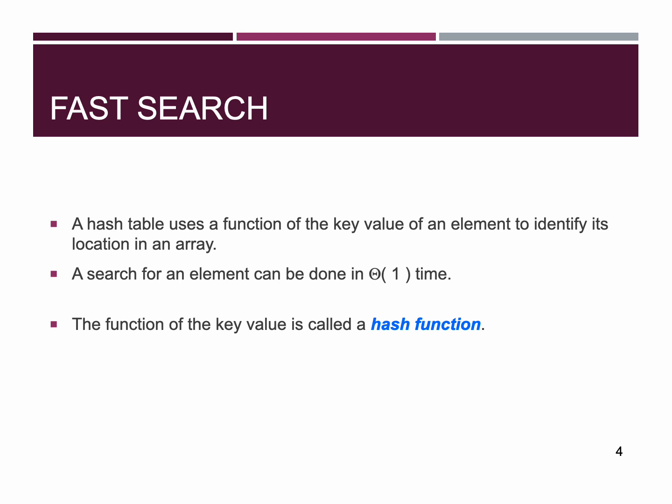This approach allows us to perform search operations in constant time, or Θ(1) on average. This means that regardless of the number of elements in the table, the time taken to find an element remains approximately the same.